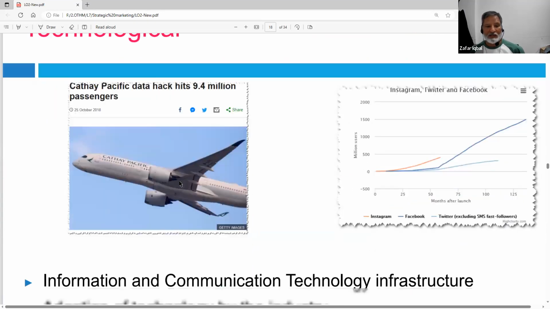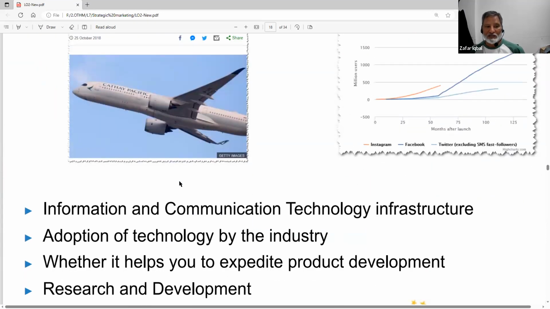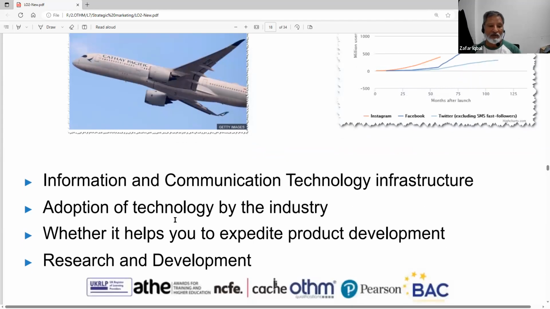Now the technological factors, like communication or ICT, information communication technology. If organizations are not adapting to the technology, then of course they will suffer, and it will have an effect on their industry. But if they are changing rapidly, developing new products, and implementing technology into their businesses, then this will speed up their product development and progress, and they can move towards achieving their organizational goals.